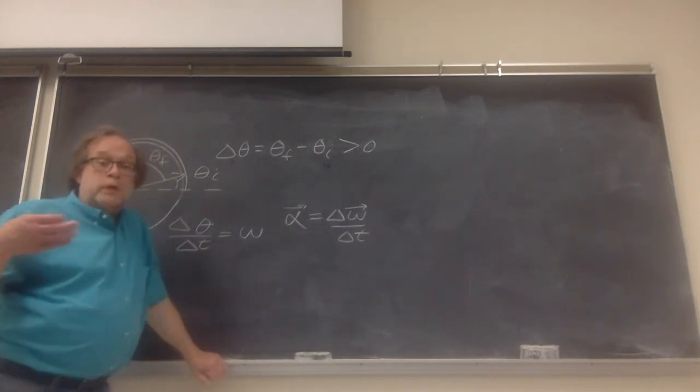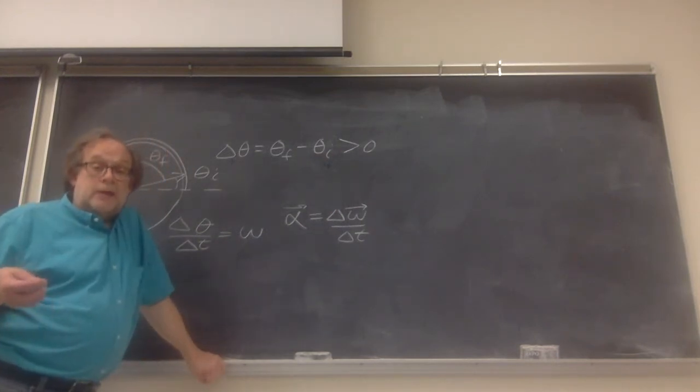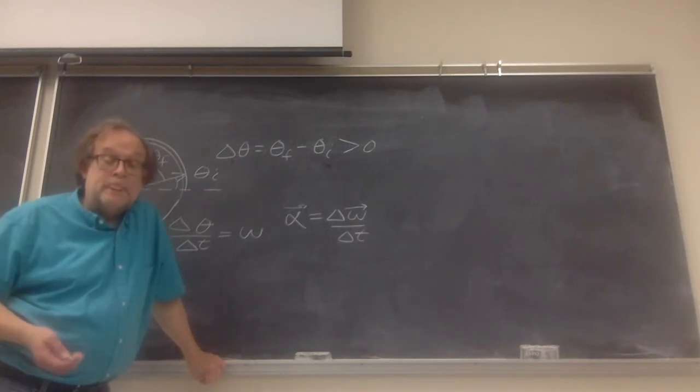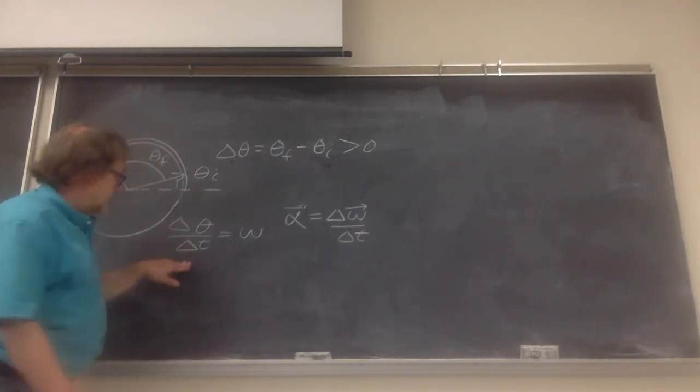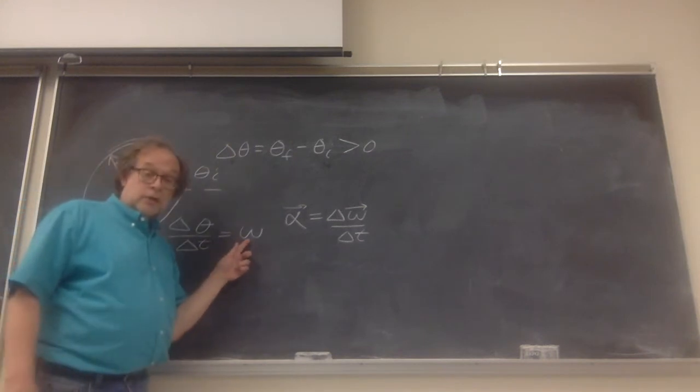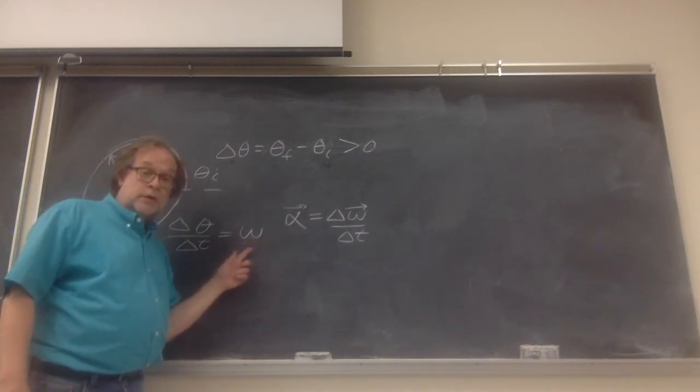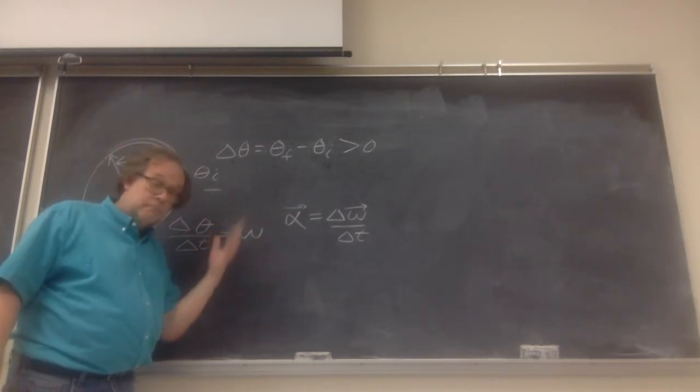And then we define our angular velocity just the same way that we define regular meters per second velocity. Our symbol for angular velocity is the lowercase Greek letter omega. It looks like a W, but it's omega.